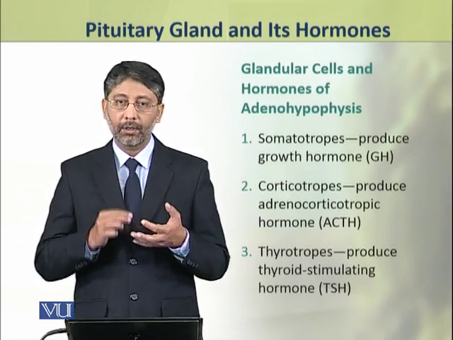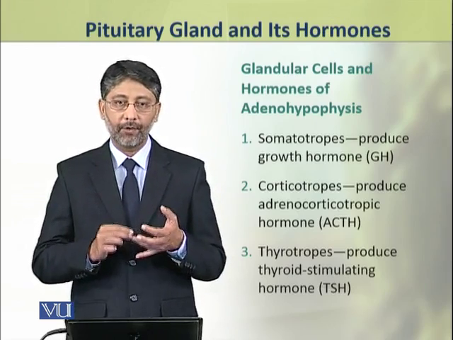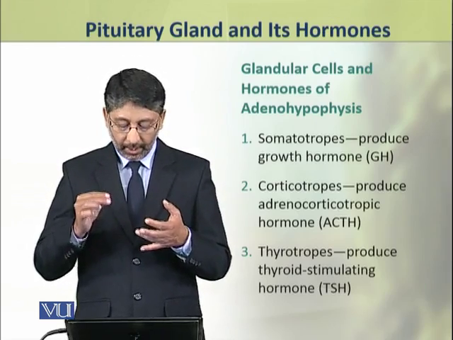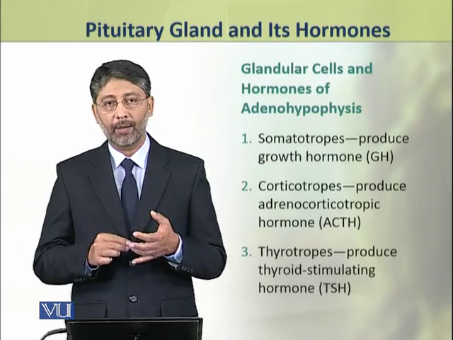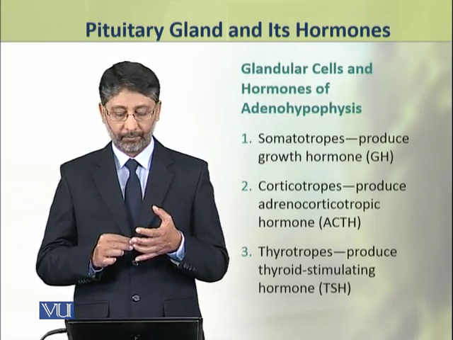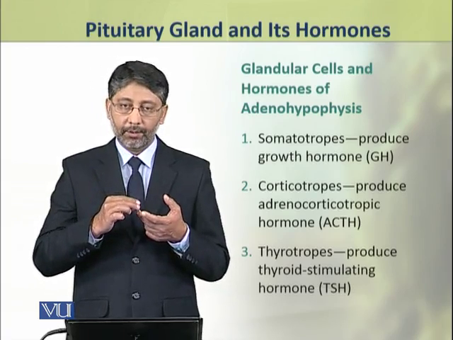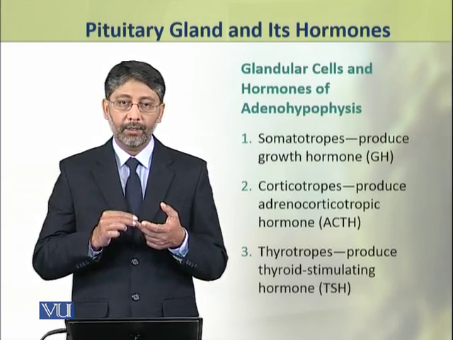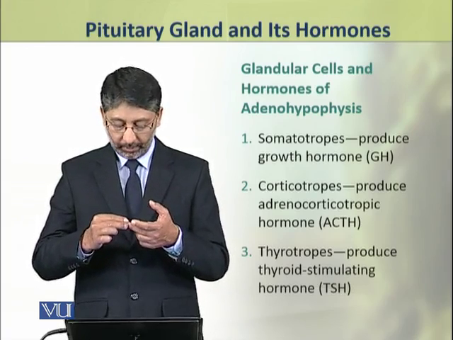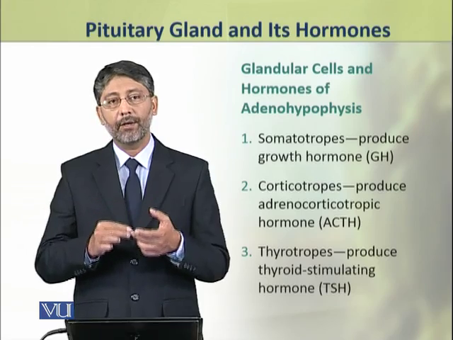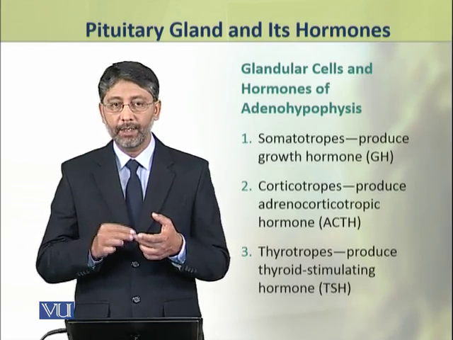Number 2, corticotropes, which produce the adrenocorticotropic hormone ACTH. The third type of cells is the thyrotropes, which produce thyroid stimulating hormone TSH.